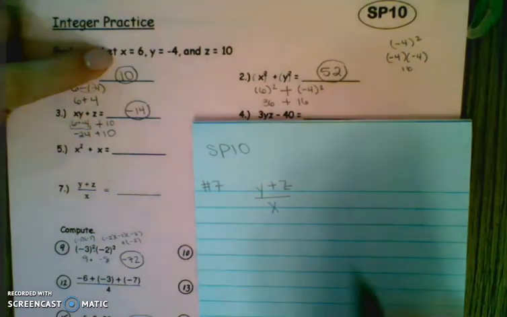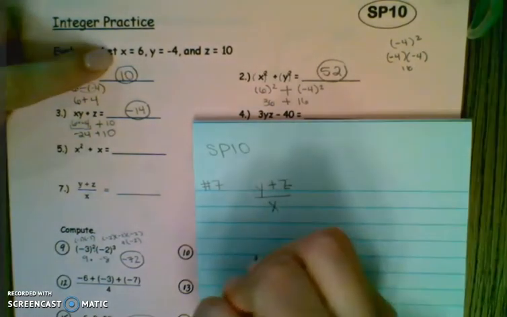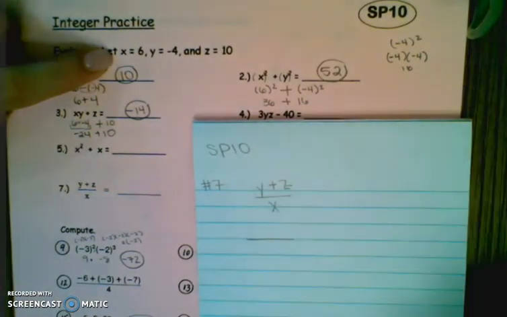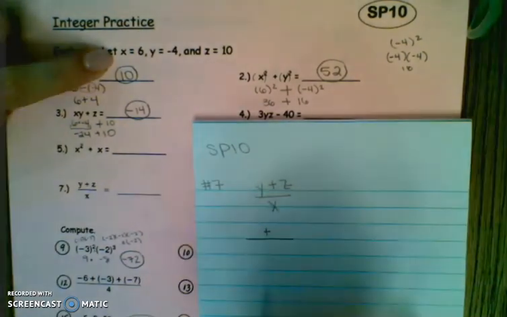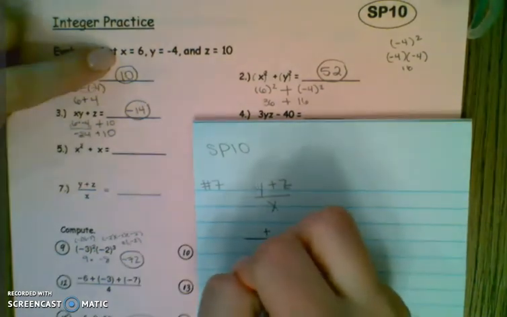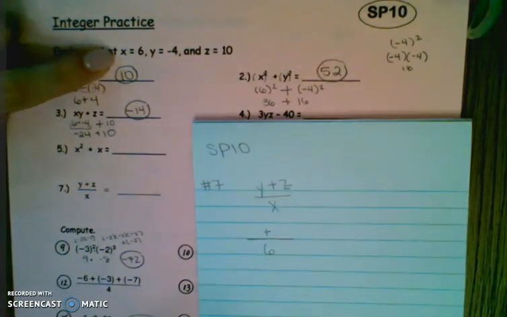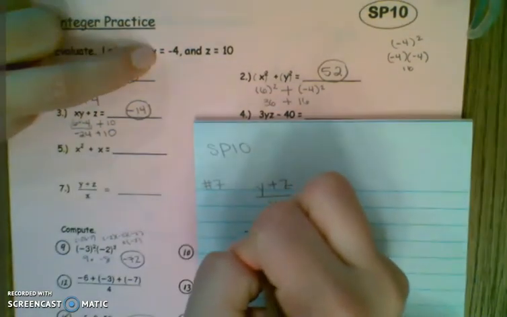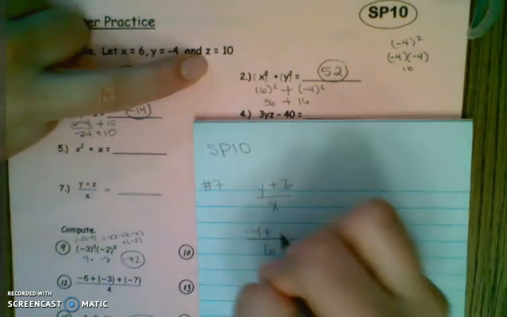So the first thing I'm going to do is draw my fraction bar. I know there's 2 numbers added together on the top, and there's 1 number on the bottom. So I'm going to put the x on the bottom, just to get it over with. My y is -4, plus z will be plus 10.